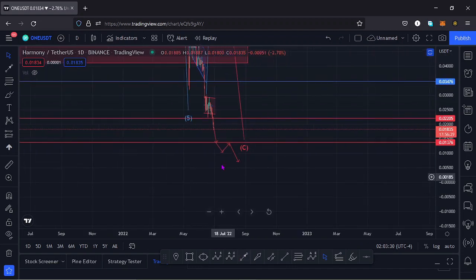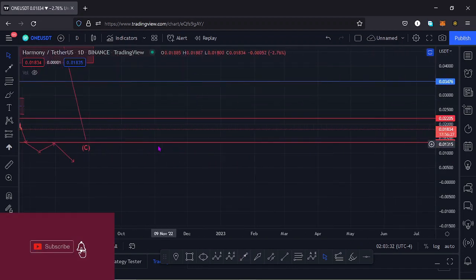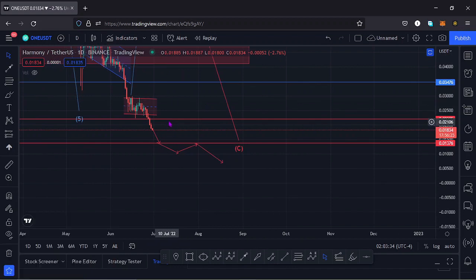And it's also possible that now that you have lost that key area of support at around the $0.02 mark, that we continue seeing lower prices, and that could take us to this key area of support at around the $0.013 mark, and from there we can have a nice bounce to the upper side, and that would take us to this area of resistance at around the $0.02 mark.